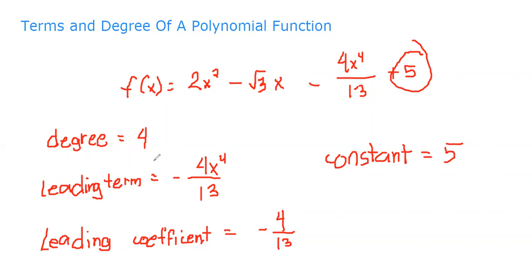So, meron tayong degree 4, which is our highest exponent, leading term, which is negative 4x raised to 4 over 13, and the leading coefficient na nagmula sa leading term is negative 4 over 13, and our constant is 5. So this is a polynomial function, and we have a degree, leading term, leading coefficient, and constant.